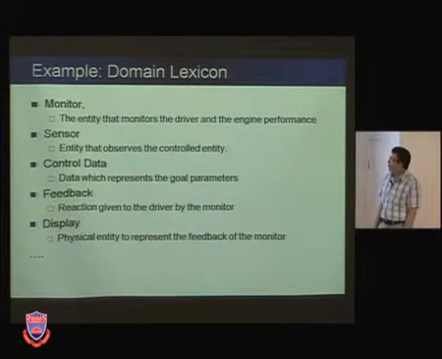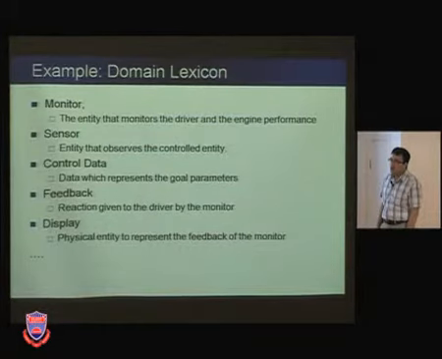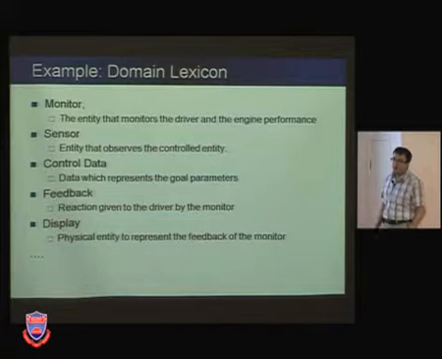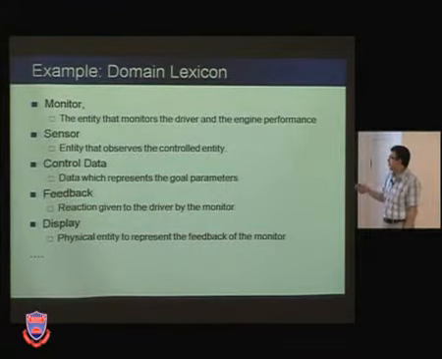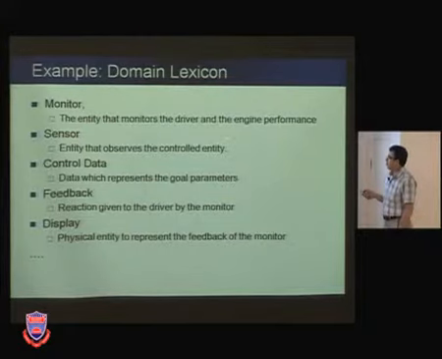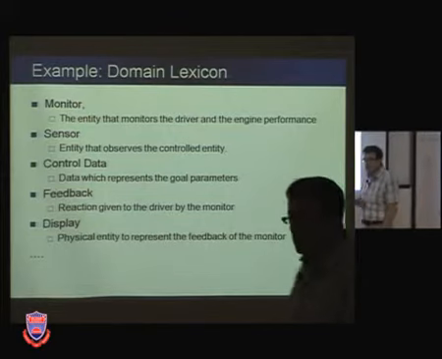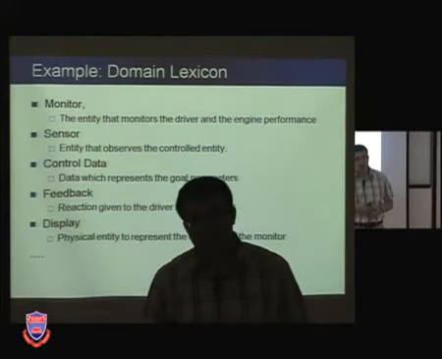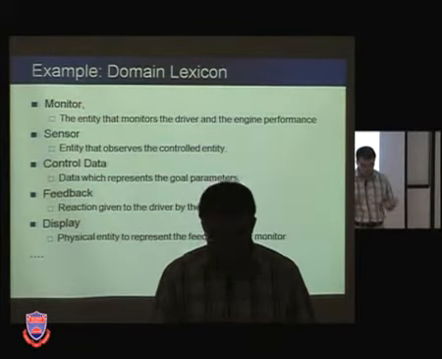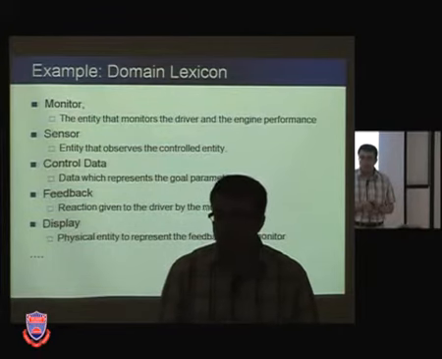Next one is the domain lexicon or glossary. You identify the key concepts. The key concepts have been derived after a commonality analysis, the key common concepts in that domain. Monitor, for example, is an entity that monitors the driver and the engine performance. Sensor: we did the commonality analysis on all these knowledge sources, and it appeared that sensor is an important concept.